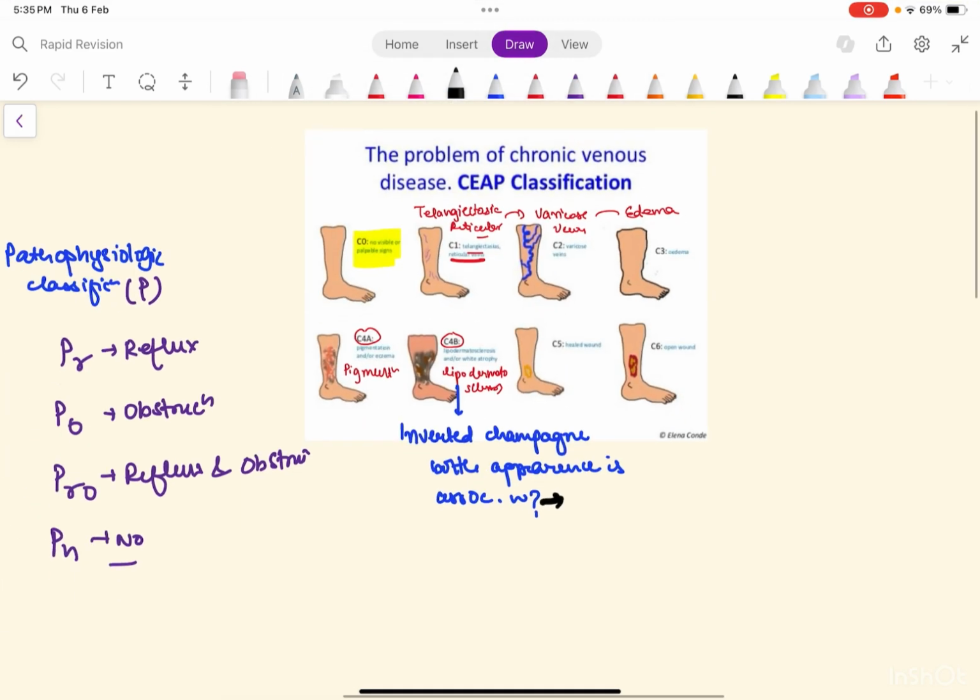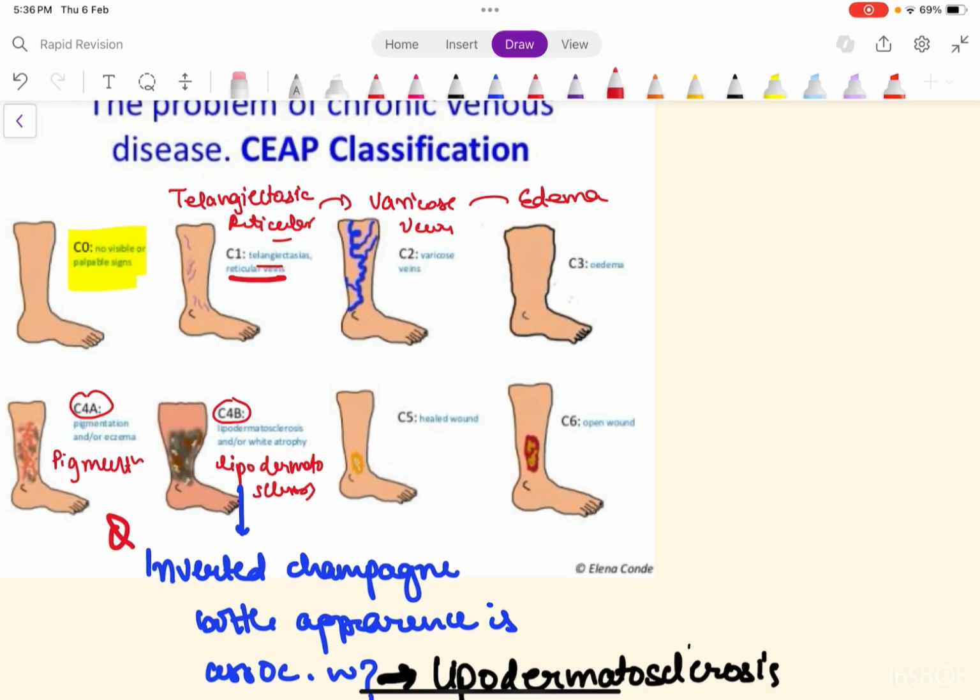So you should know that it is lipodermatosclerosis, right? I'll just write it in bold form so that it's visible. Lipodermatosclerosis, change in varicose veins, right? So this is the question.